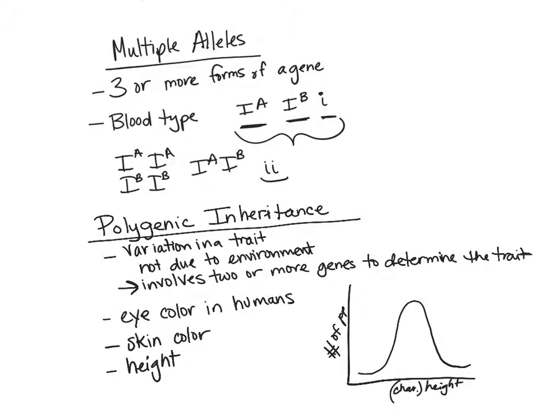Down here would be very, very short people, and over here would be very, very tall people, but most people lie somewhere in the middle, at an average height. This is what we would see with polygenic inheritance. Most individuals display near an average trait value, toward the middle rather than the extreme, on the short end or the tall end, for example. So that's going to be our polygenic inheritance.